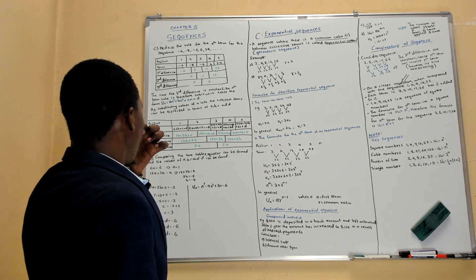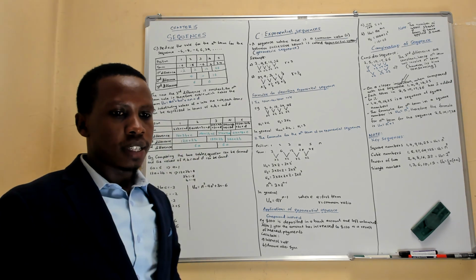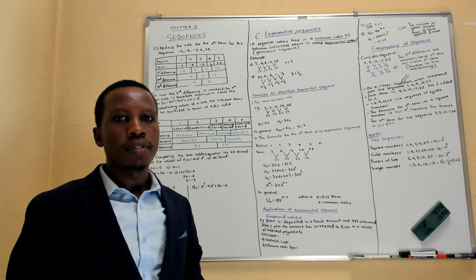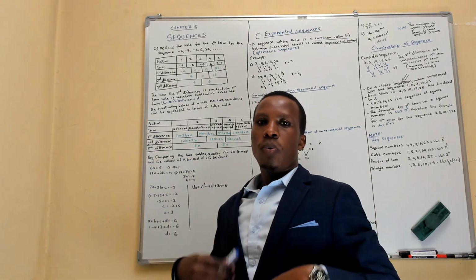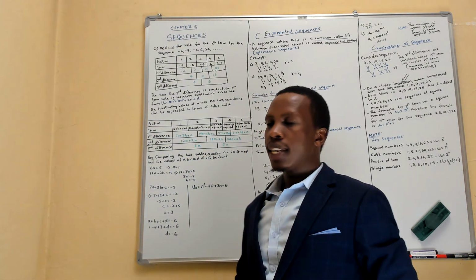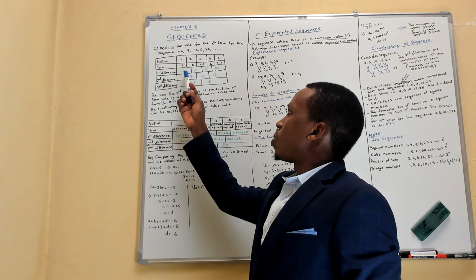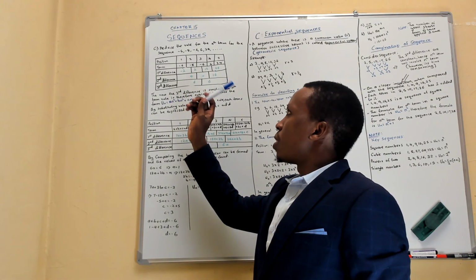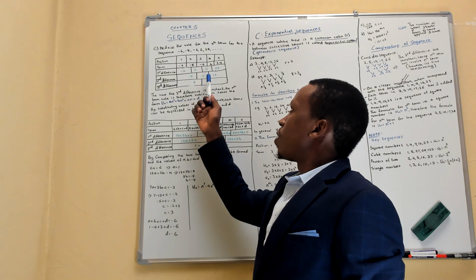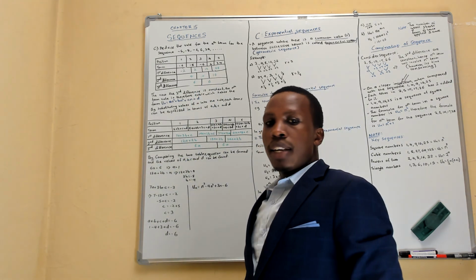You'll realize that the first difference still is not giving us a constant difference, so we'll have to go to the second difference. The difference between negative 2 and 2 is 4, between 2 and 12 is 10, between 12 and 28 is 16.